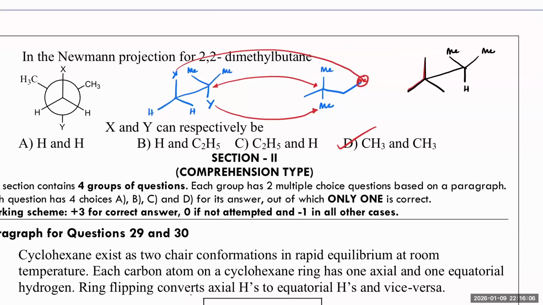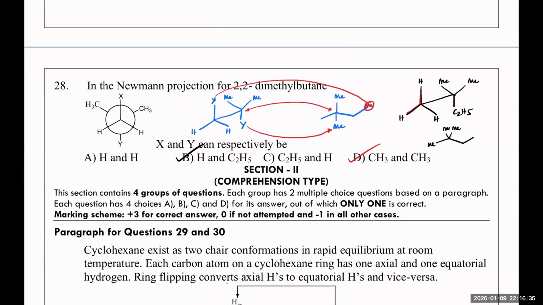No, sorry, not hydrogen, I have to take C2H5. Yeah. If I take this as C2H5 and here I take all hydrogens, that still comes out to be the same structure, because again you have four carbons, and here we have methyl and methyl, isn't it? And here we have a methyl group. So we can see it is 1, 2, 3, 4 with 2-butyl. So yes, this one also fits perfectly. So B and D are correct.